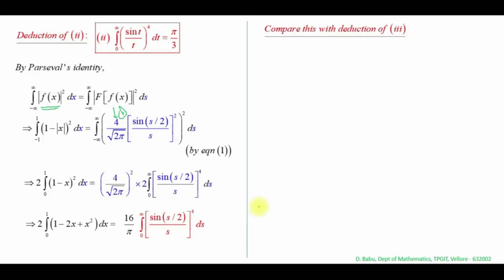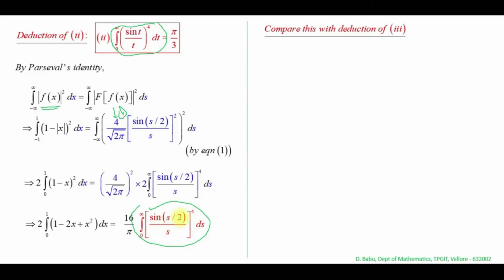Compare this with deduction of 3. That is this. Your numerator is sin s by 2, whereas the target has sin t. So put s equal to 2t, then only the 2 get cancelled.